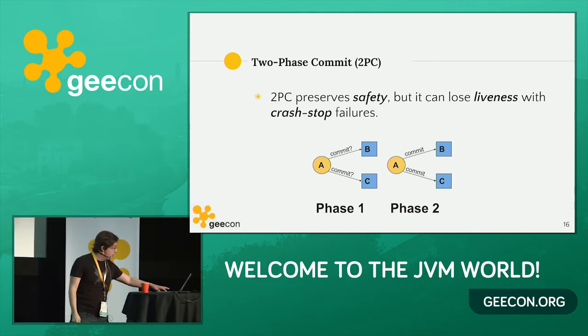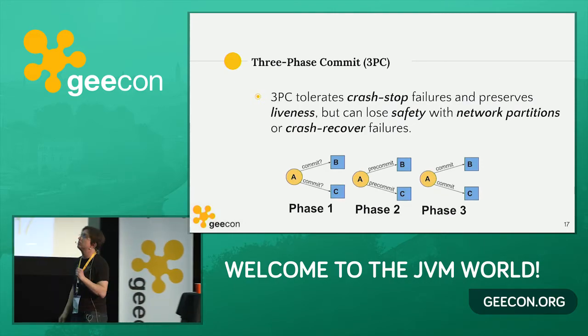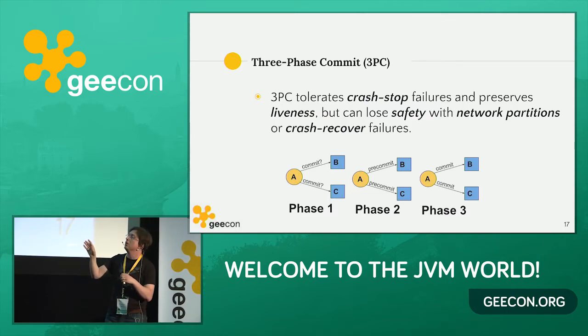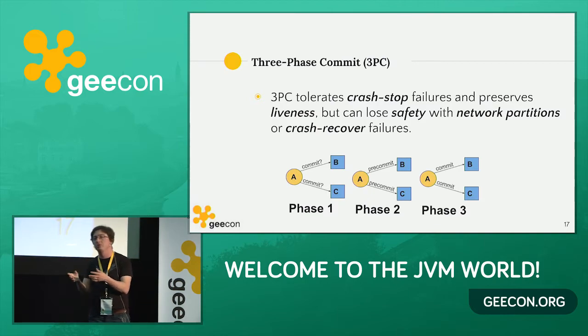And we have another consensus algorithm, which is three-phase commit. This one introduces a new phase. After the votes are collected, in this new phase, it first publishes the result of the voting before sending the actual commit or rollback message in the last phase. It also relies on timeouts to make progress if there are any failures between any of these phases.